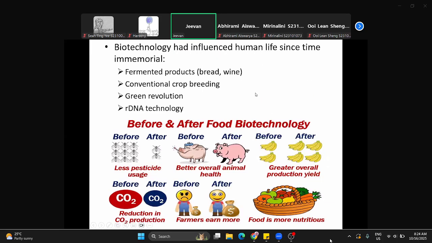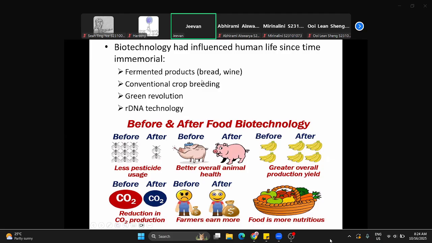So how is biotechnology playing a role in this agriculture? We are actually able to alter the food. Biotechnology has influenced human life science since time immemorial. Through biotechnology, we are able to produce fermented products.